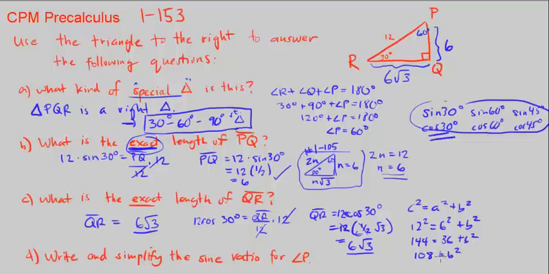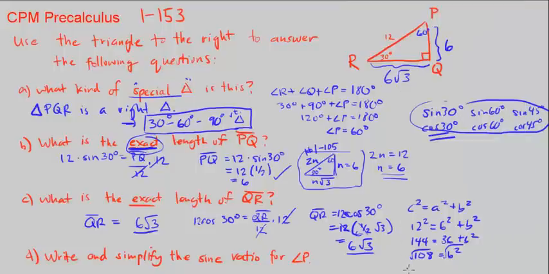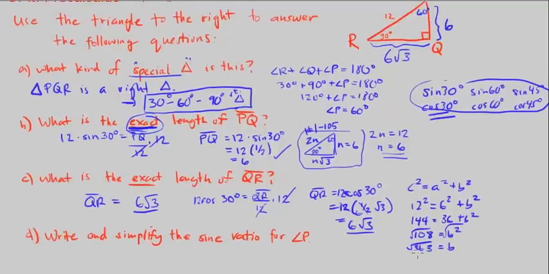We take the square root of both sides. We could divide 108 by 36, so let's do that in our calculators. 108 divided by 36, we get 3. So b is the square root of 36 times 3, and 6 times 6 is in there, so we can bring it outside. This is another way we get 6 square root of 3 as length QR.